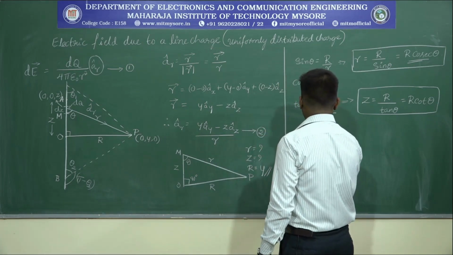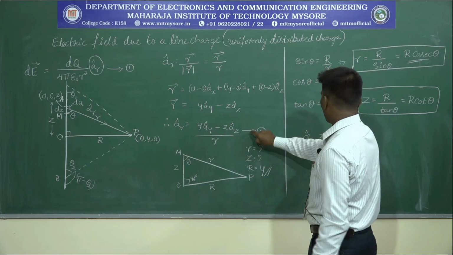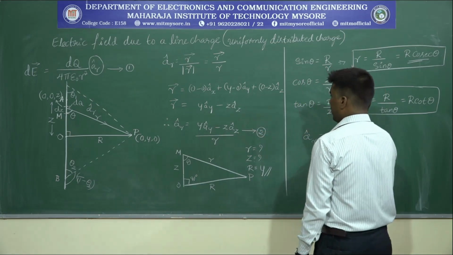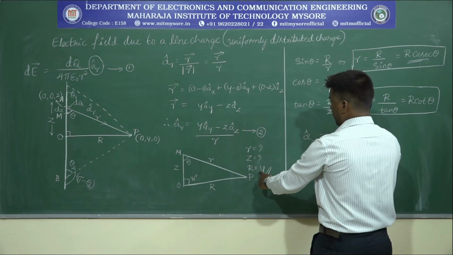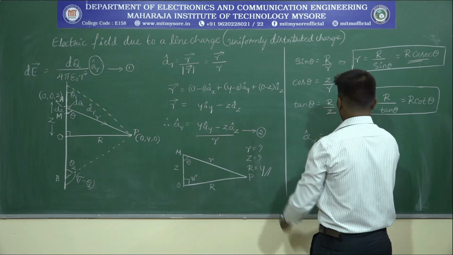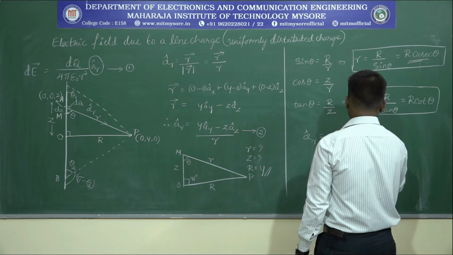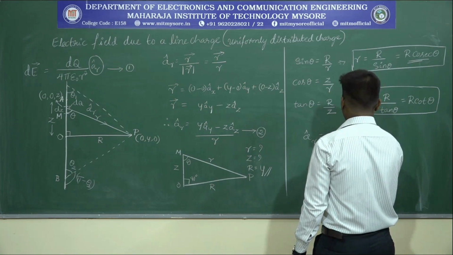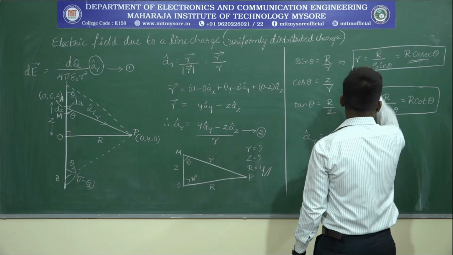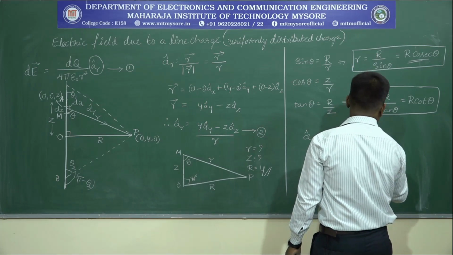So therefore, substitute these quantities in equation 2 and it gives the unit vector a cap r, that is, y into a cap y minus z into a cap z divided by capital R. Small r is R cosecant theta.